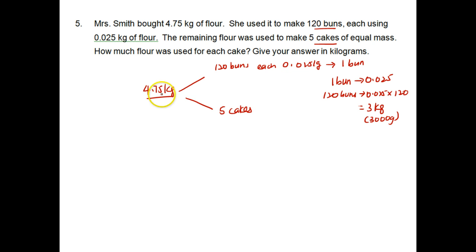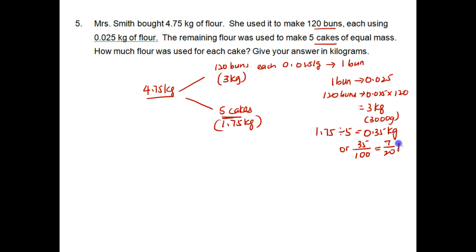So 4.75 minus 3 kg will be 1.75. 1.75 is used for 5 cakes, so one cake will be 1.75 divided by 5, which is 0.35 kilogram, or 35 out of 100, 7 out of 20 kilogram.